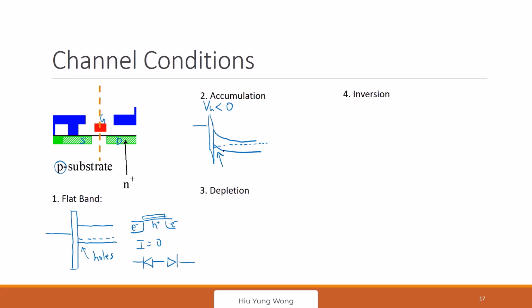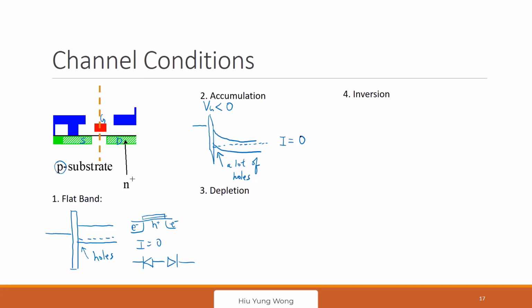Last time you already told me that when the Fermi level is close to the conduction band, it's electron, and when it's close to the valence band, it's hole. So do we have electron or hole here? Holes. Thank you. A lot of holes. So still, can we conduct any current? No, right?